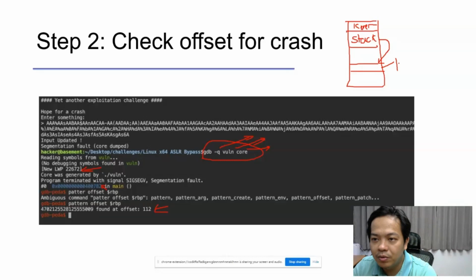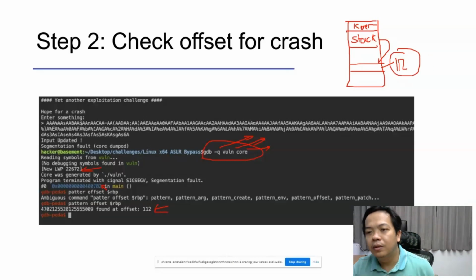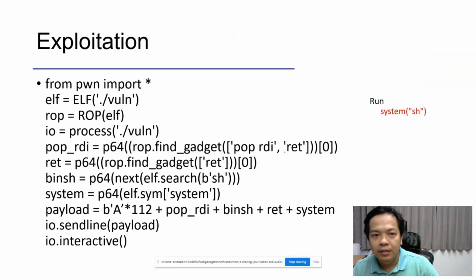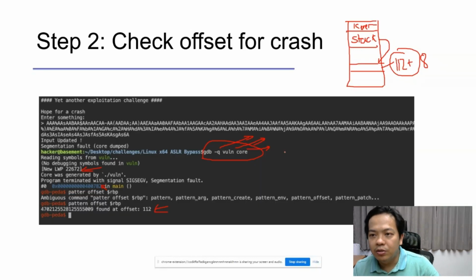For example, they can predict about 112, and maybe they need to add about 8 bytes declared by a local variable. So the total may be up to about 120.